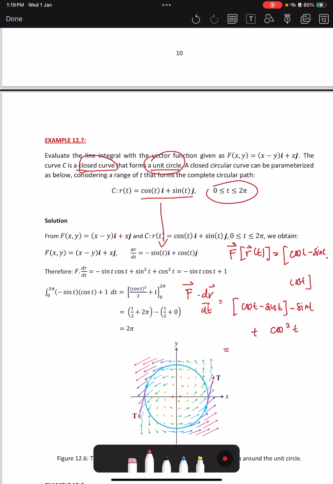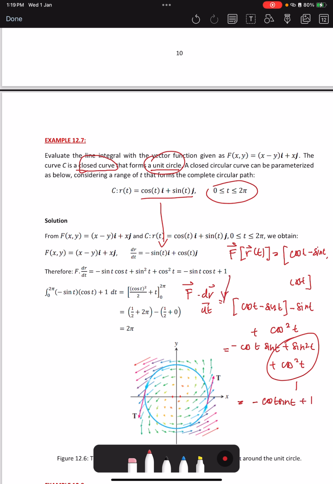In other words it is negative cos t sin t plus sin power of 2t plus cos power of 2t. Sin power of 2t plus cos power of 2t is 1. So it is equivalent to negative cos t sin t plus 1. That's why you get this.